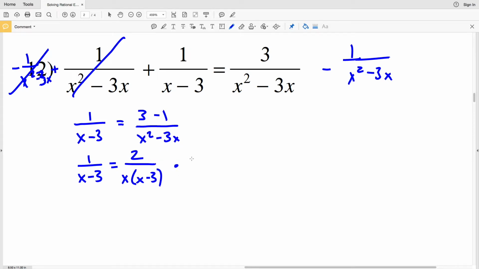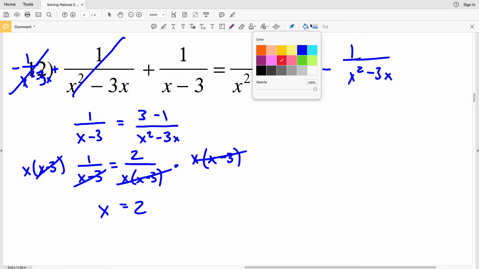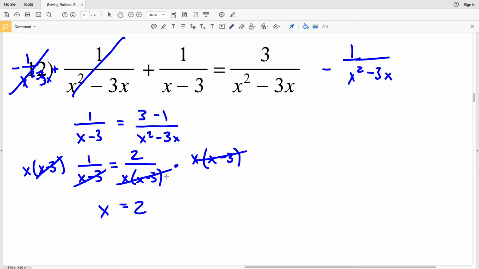Now, we'll be able to multiply both sides by x times x minus 3. Doing that will leave us with the positive 2 on the right-hand side, and the x minus 3's will cancel out, so we'll be left with x times 1, which is x. So x equals 2 is the solution for number 12.